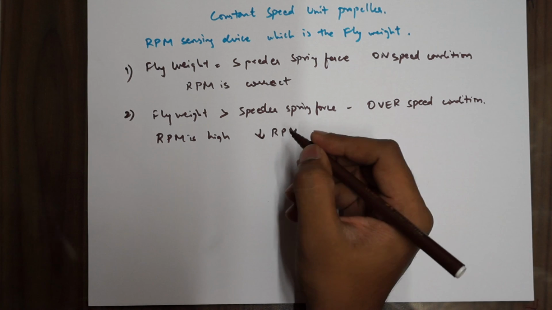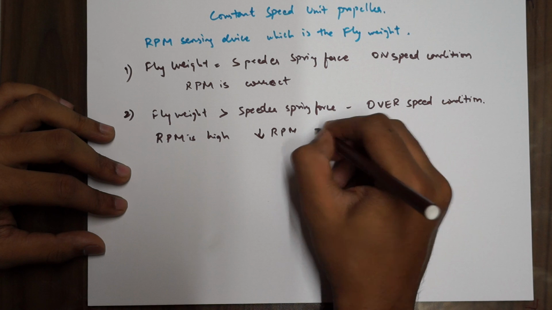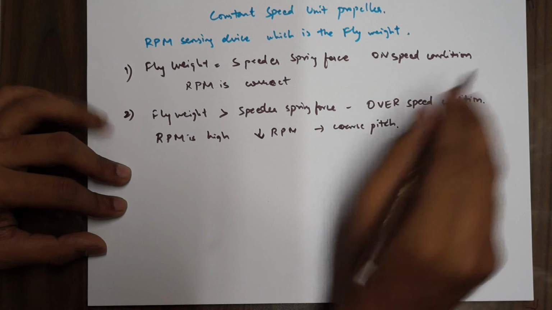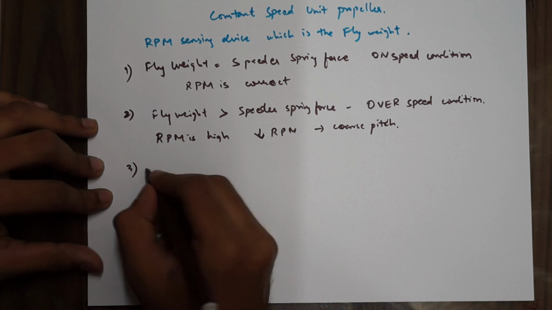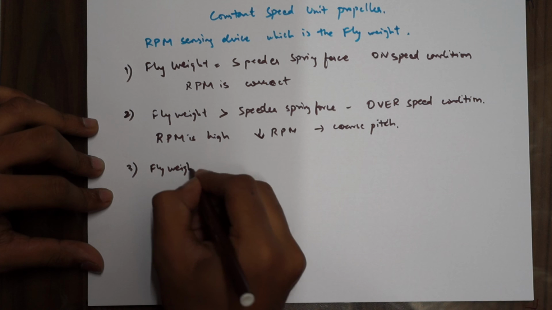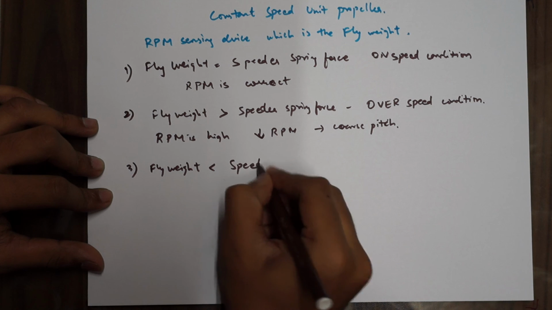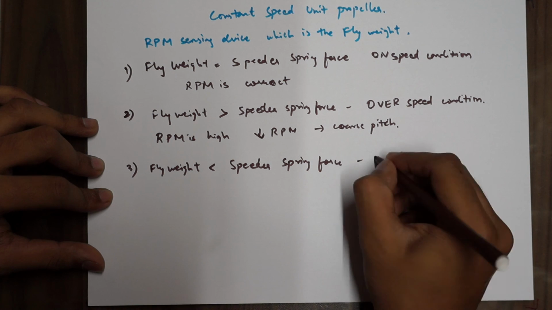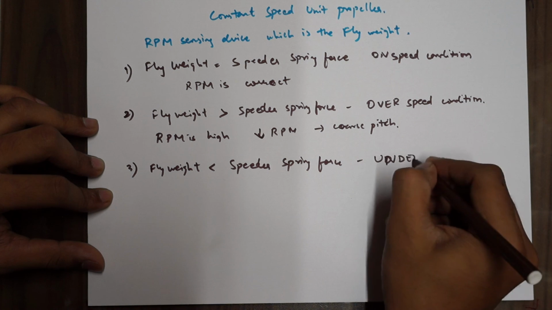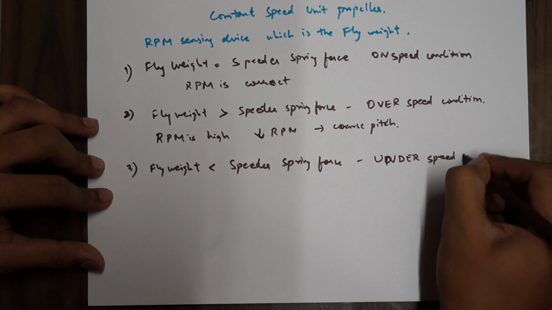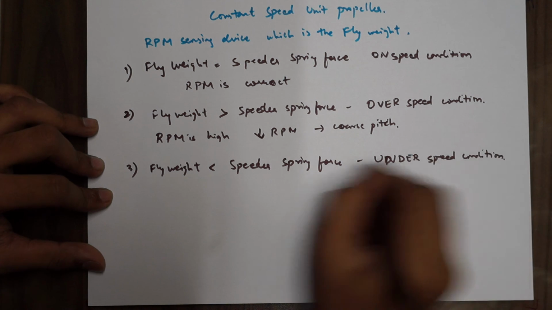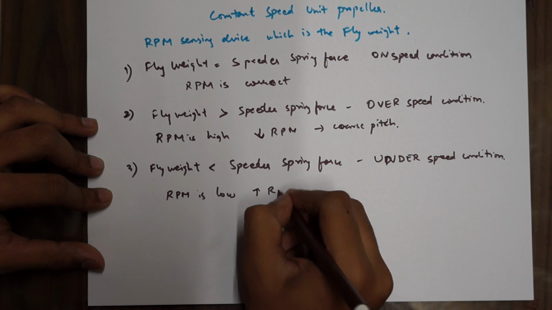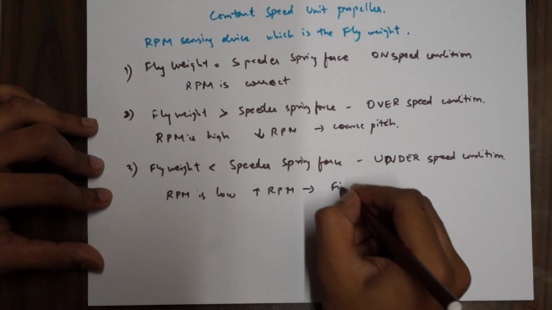So what it does is, it sets the propeller to coarse pitch till it comes to the on speed condition. Third one, obviously you might have guessed it by now, flyweight less than speeder spring force. So this will be your under speed condition. So RPM is low, we need to increase the RPM, hence it goes to fine pitch.